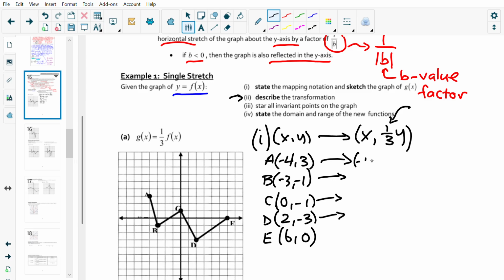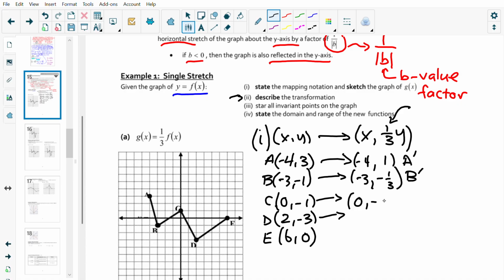So I have -4, 1. And this is A prime, B prime. B prime becomes -3, -1/3. So we're multiplying all the y values by 1/3.